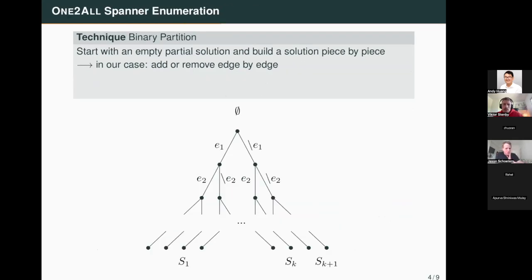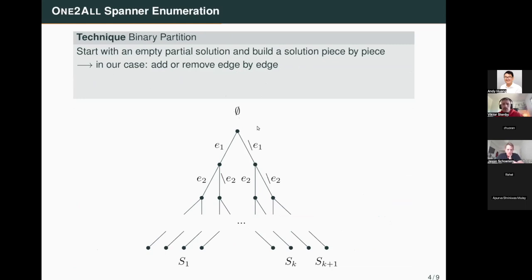So we start with one-to-all. And I need to talk to you first about a very useful technique in enumeration. This is called binary partition. The idea is very simple, very naive actually. You start with an empty partial solution, and then you build a solution piece by piece.